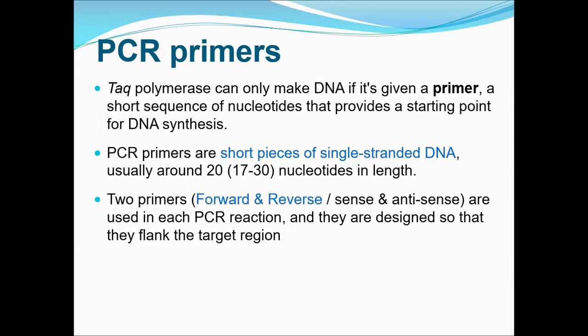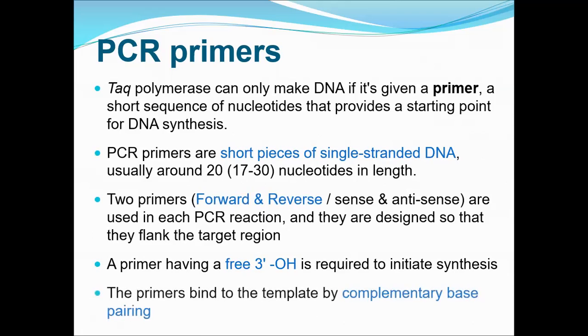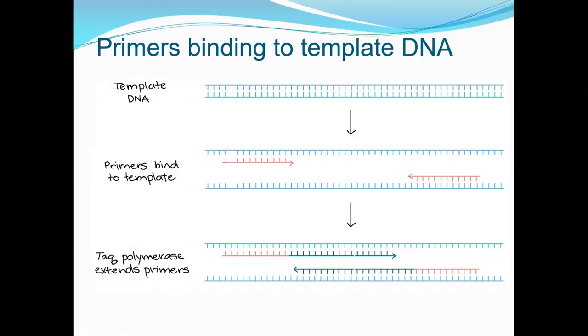We use forward and reverse primers, which you can also call sense and antisense, and they are designed such that they flank the target region. Primers having the 3' OH group are required to initiate the synthesis, and they bind by complementary base pairing.